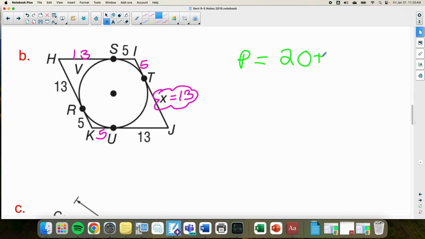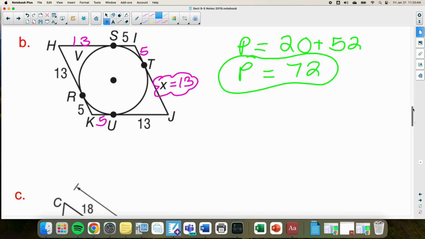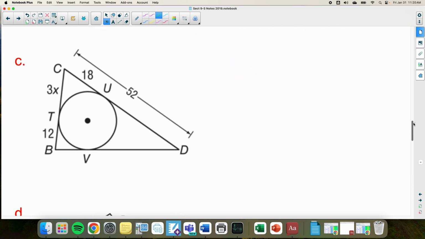And then 13 plus 13 plus 13 plus 13, which is 52. So it's going to be 72. Then if I look at this one, okay, is it easy to find x? Wouldn't 3x equal 18? So x is 6.